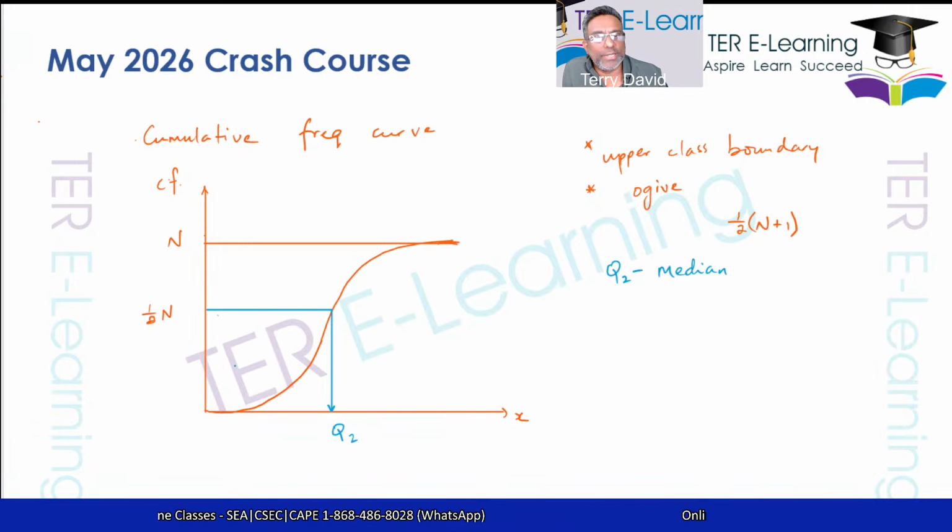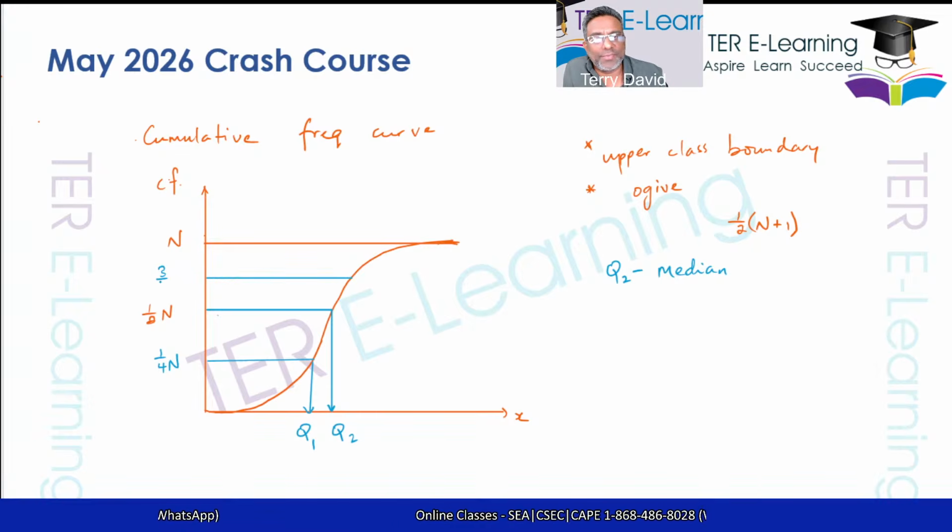If I want to work out the lower quartile, all I need to do is find a quarter of n, or sometimes you'll see a quarter n plus 1. But then we're going to come down here now, and we're just going to read this here. So this here is Q1. If you want to get the upper quartile, the upper quartile is actually 3/4 of n, or 3/4 n plus 1. And what you're going to do is read here.